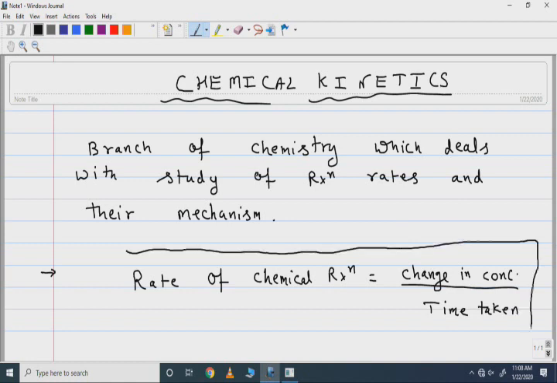This is the rate of chemical reaction. Copy please.